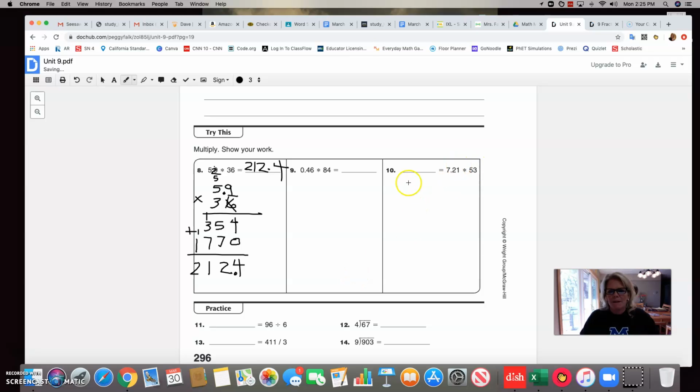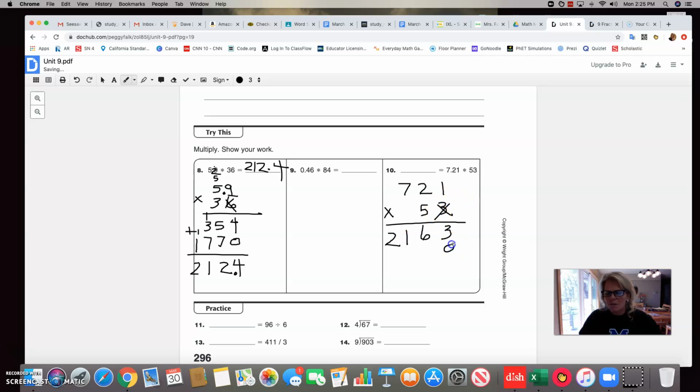Okay, now this one, write it out. So without the decimal, we're just going to multiply it. 3 times 1, 3 times 2 is 6, 3 times 7 is 21. Okay, done with the 3.